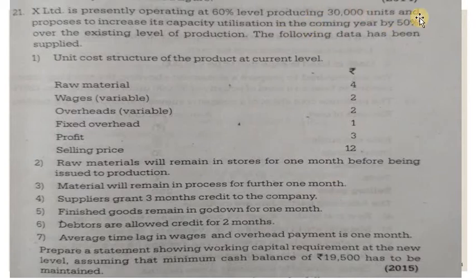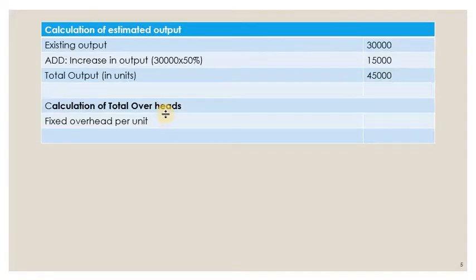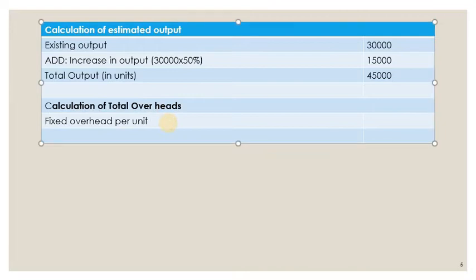Remember, it is not for 45,000, which is after they plan to increase. Before that their selling price was 12, out of which fixed overhead is 1 rupee. So 30,000 into 1 is 30,000.